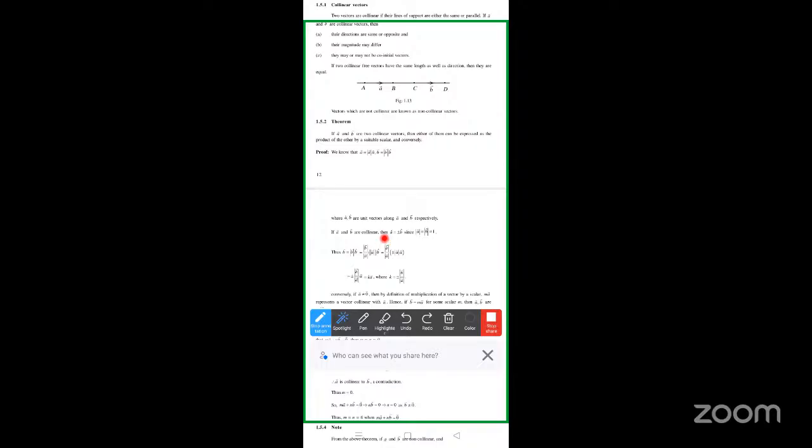If A bar and B bar are collinear, then a bar is equal to plus or minus b bar, since mod a is equal to mod b is equal to 1. Thus B bar is equal to mod B into b, so mod B by mod A into mod A into a.